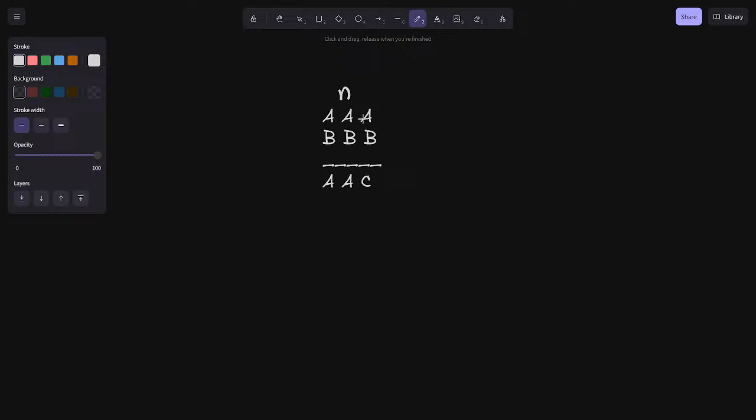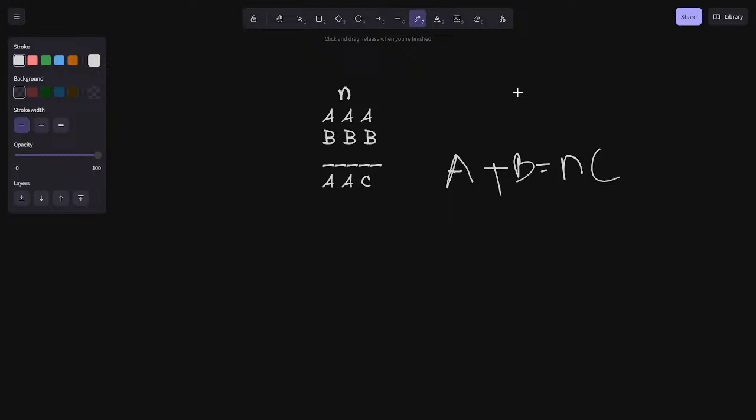N is the carry. So basically, A plus B plus B is equal to NC, where N is the first digit and C is the second digit.